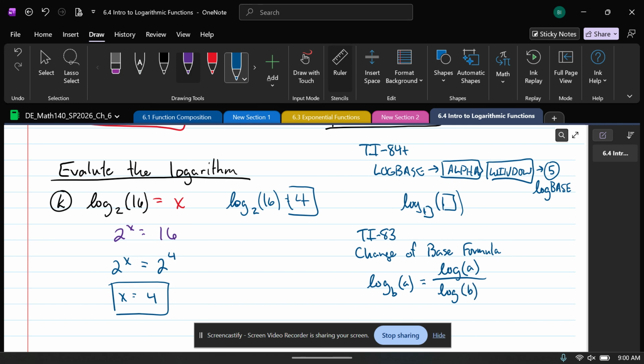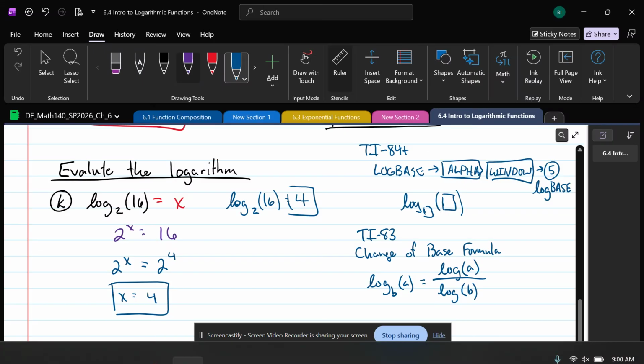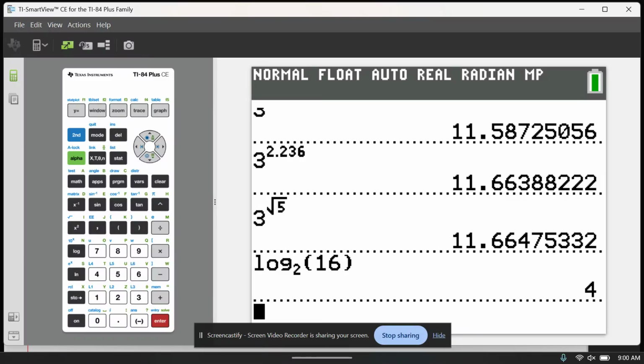Notice, what is the base of these logs? 10. You got a button on your calculator that does that. On the calculator, there's a button for log base 10 right beside the 7. So for this one, you would do log 16 on top divided by log 2 on the bottom.